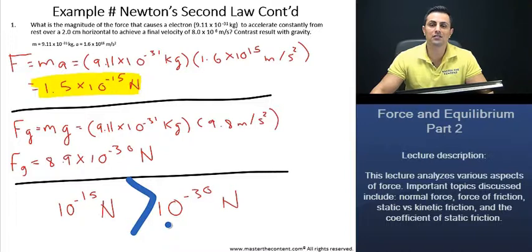You can even say essentially that the force of gravity here is negligible. And just to further our discussion, whenever you have questions regarding atomic processes, you're always going to find that the force of gravity is going to be negligible. So that was the point there. Okay, great. Now let's move on to the second part of the question.